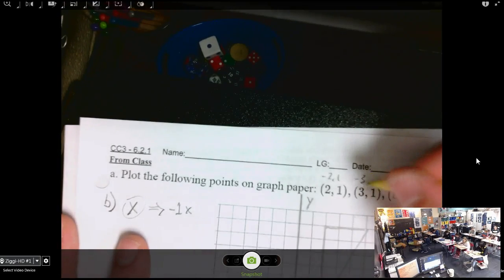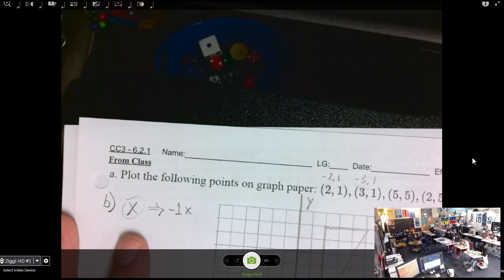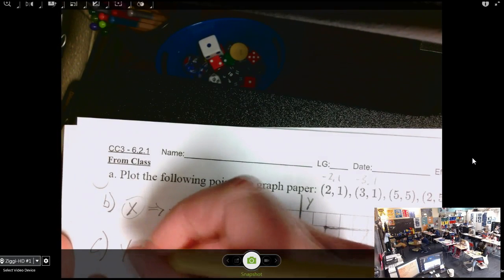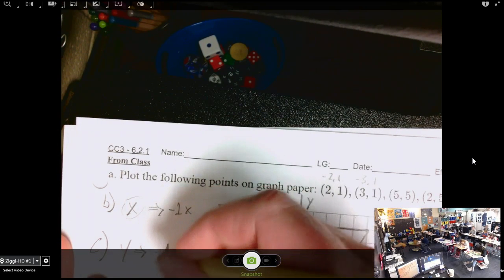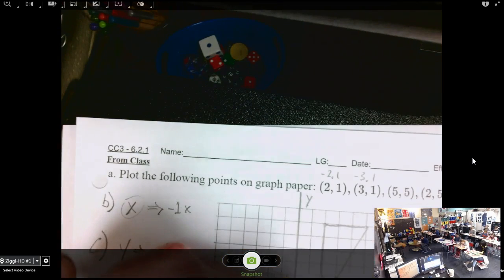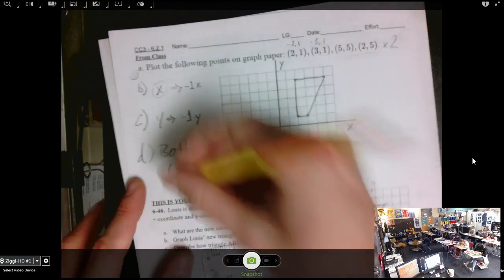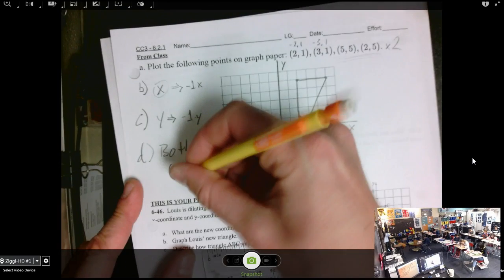This point will be -3, 1. Does that make sense? For C, you're going to do that with the y only. The y only. And then D, you're going to do it with both. So you're going to do -x and -y.